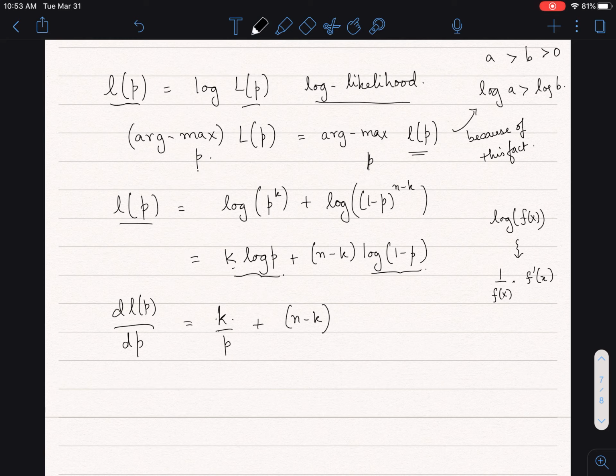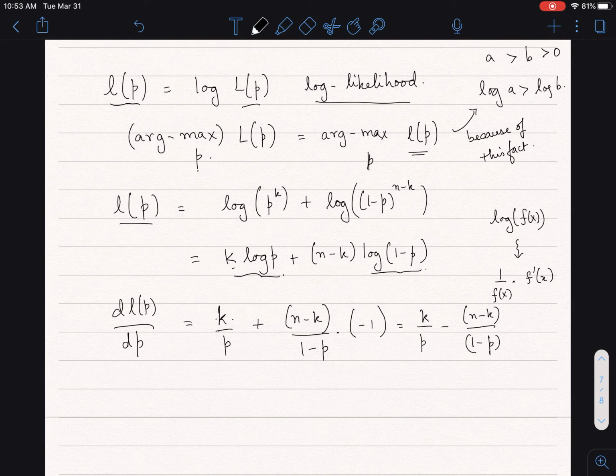In this case f is simply 1 minus p, so this would be 1 by 1 minus p. The derivative of 1 minus p is simply minus 1. So this is k by p minus (n minus k) by 1 minus p.